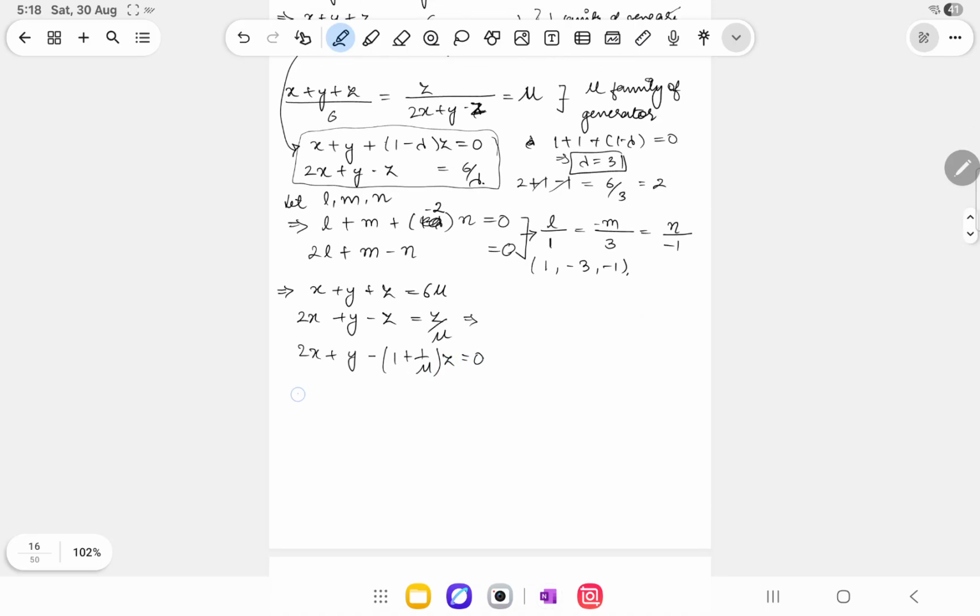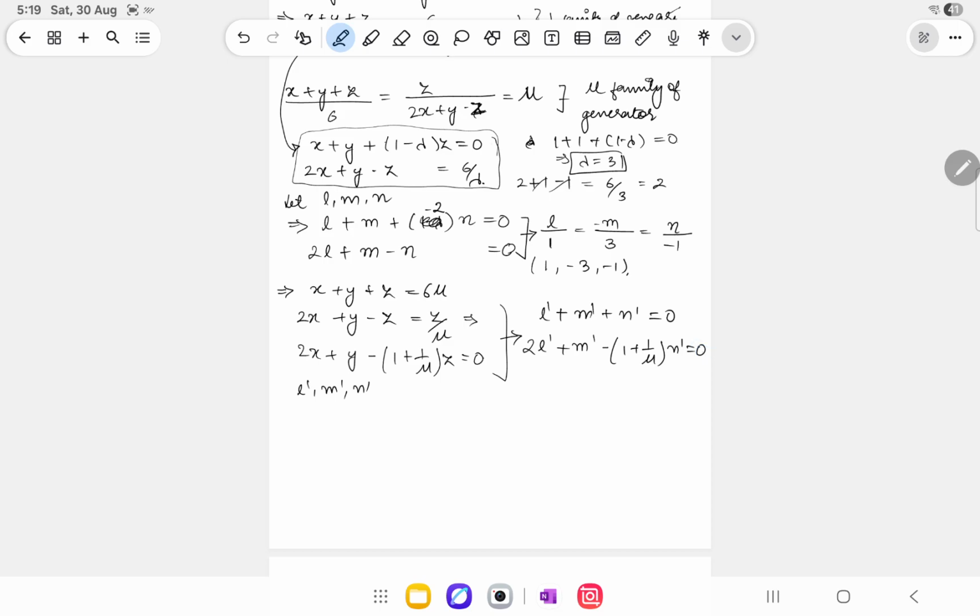Now let us assume that L dash, M dash and N dash are the direction cosines of the mu family of generators. Using the same result as for the lambda family, we get L dash plus M dash plus N dash is equal to 0, and 2L dash plus M dash minus (1 plus 1 by mu) N dash is equal to 0.